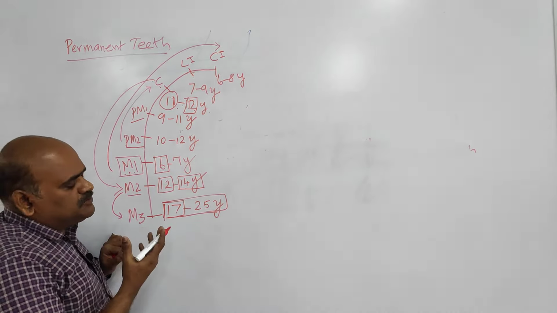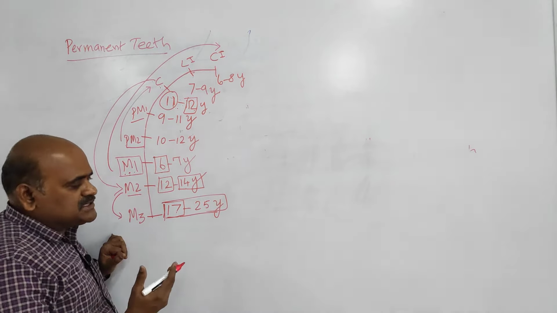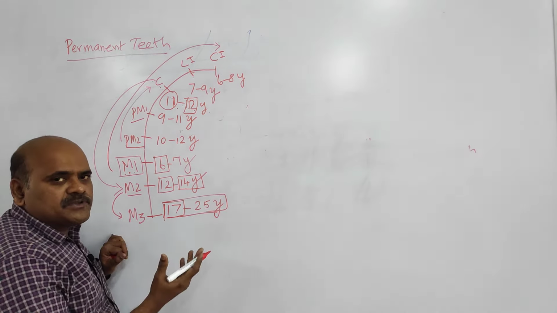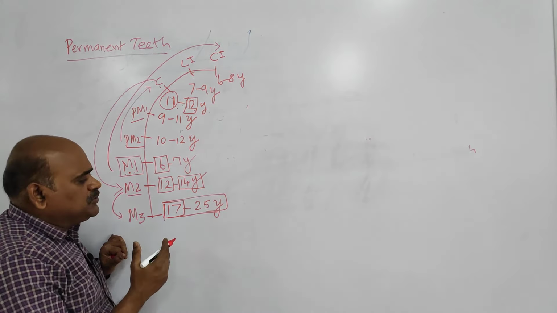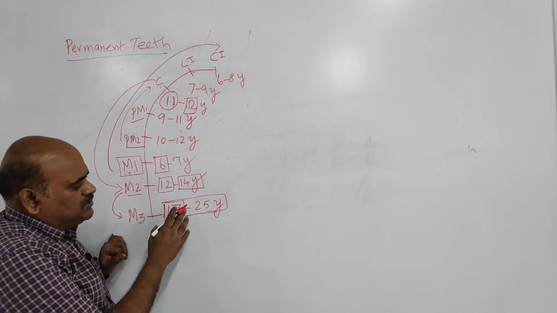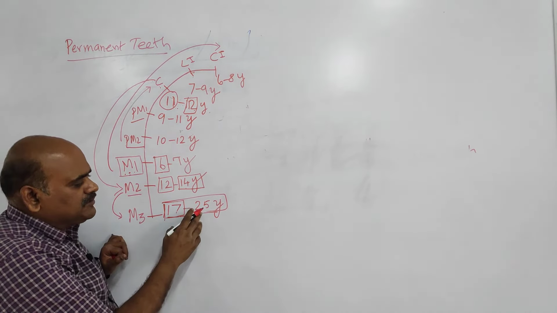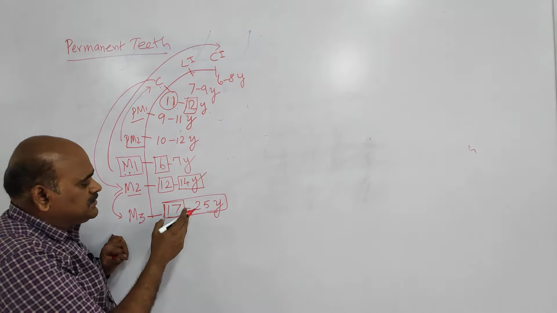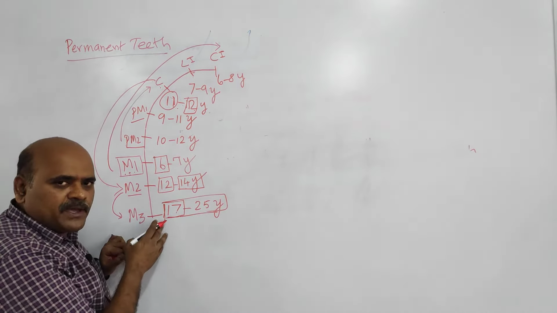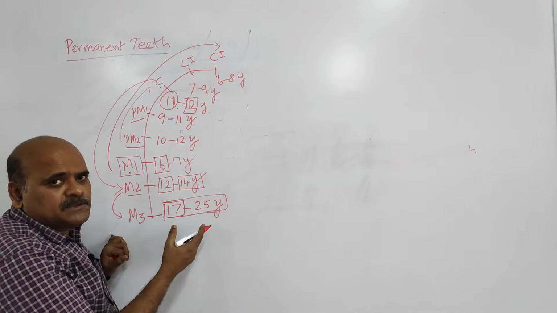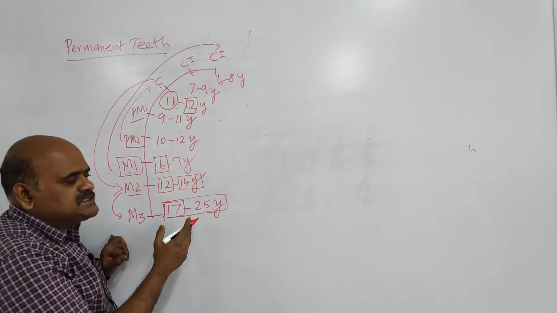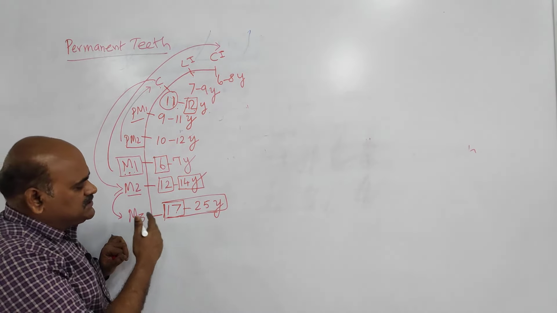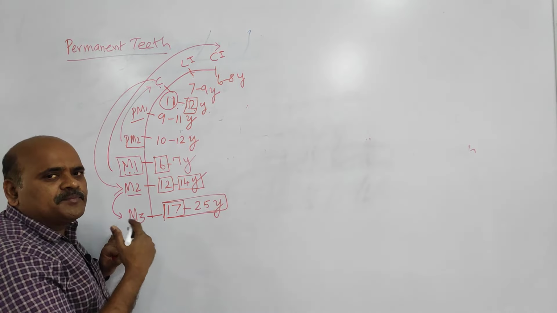Suppose the third molars are not present, that wisdom tooth is not present, then we have to exercise caution while fixing the upper limit. We cannot say less than 25 years because there could be a possibility of impacted wisdom tooth or agenesis. Agenesis means in certain individuals, the third molar never erupts in their lifetime.